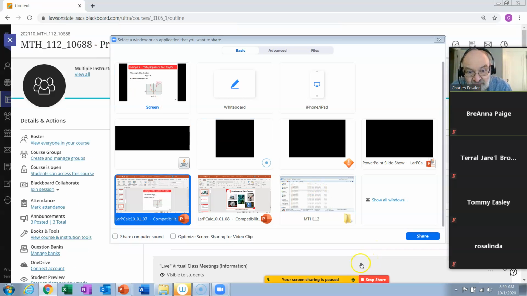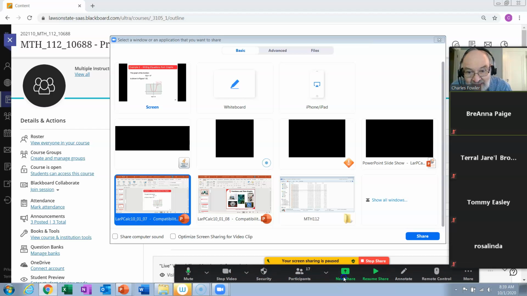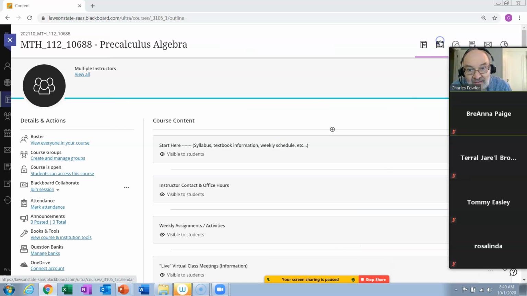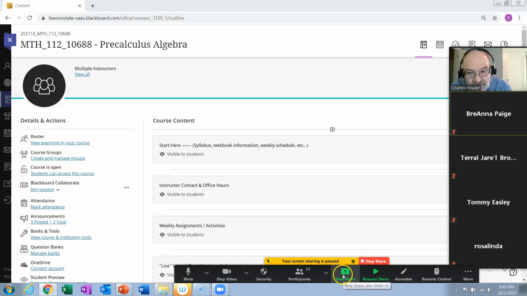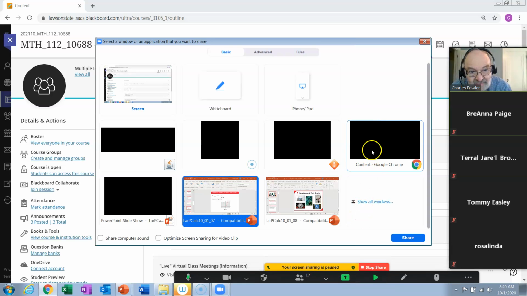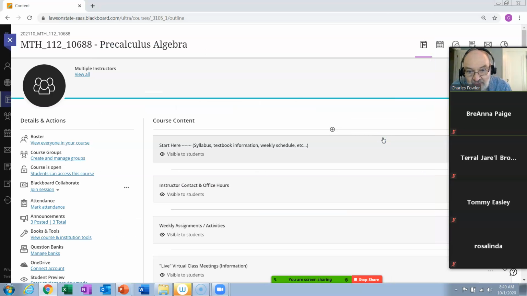So I'm going to start screen sharing there if I can. I think what I have to do is get out of this screen share and start a new one. Okay, yeah, there it is. Okay, now, can you see my opening page of Math 112 Pre-Calculus Algebra?